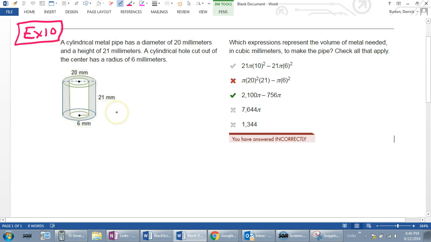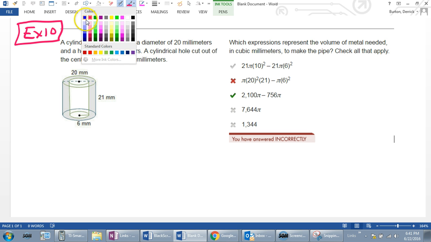Okay, now, when you have a shape inside of a shape and you want to find the space between them, instead of adding like we've been doing, you subtract. So that's what's happening now. We have a big cylinder and then we have a small cylinder on the inside, and we're trying to cut the small cylinder out and throw it away.